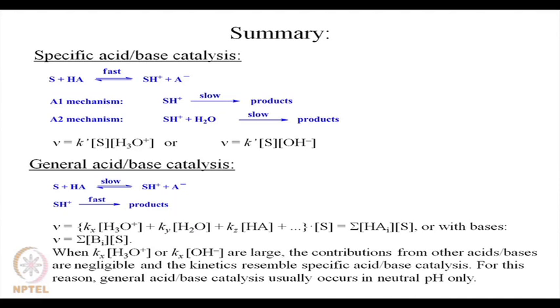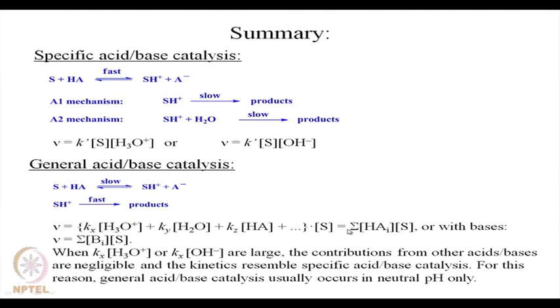General acid base catalysis, on the other hand, is a slow equilibrium and then fast dissociation to products. Here the overall velocity of the reaction has contributions from various components, like H3O plus, H2O, and HA, or with bases, OH minus, H2O and A minus.